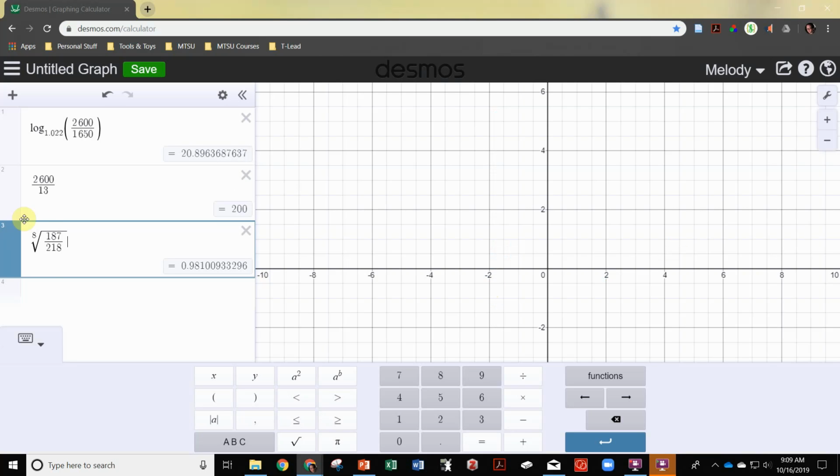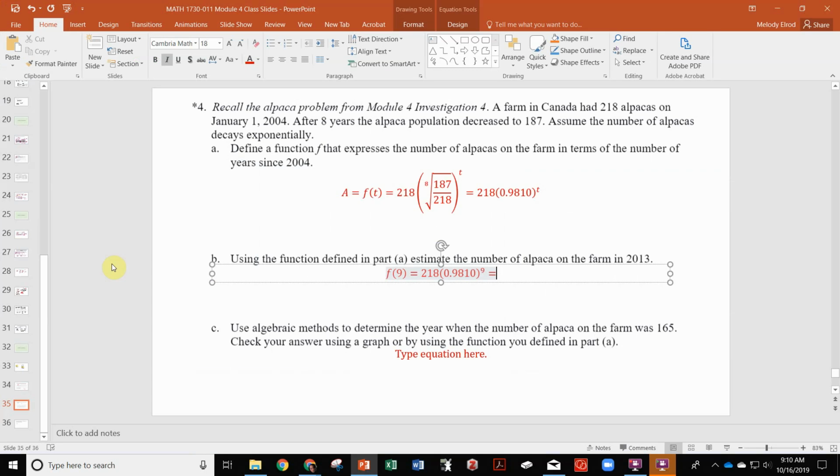So I can take this right here. In fact, I could use this by saying 218 times this amount right here raised to the 9th power, and it would give me 183.4487.